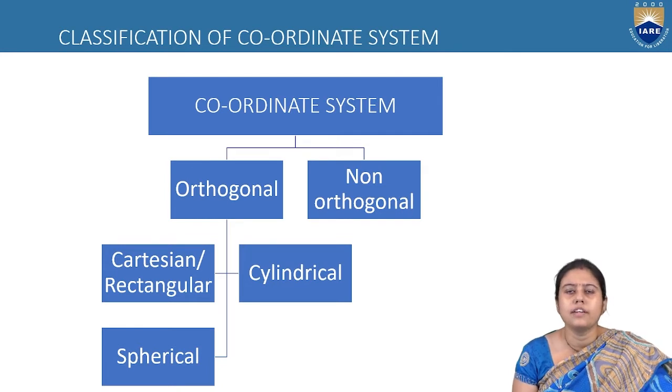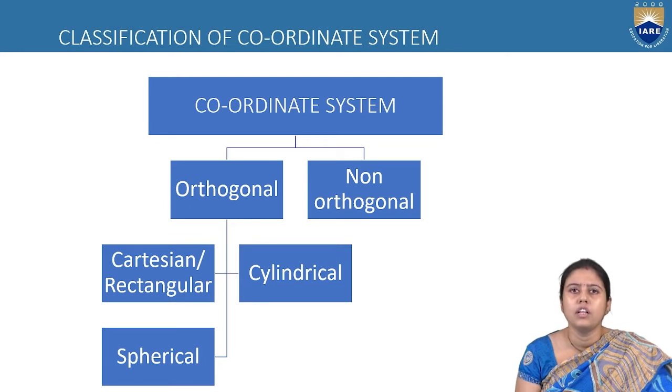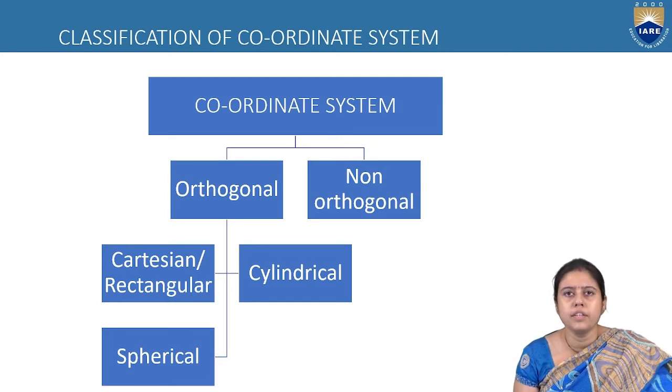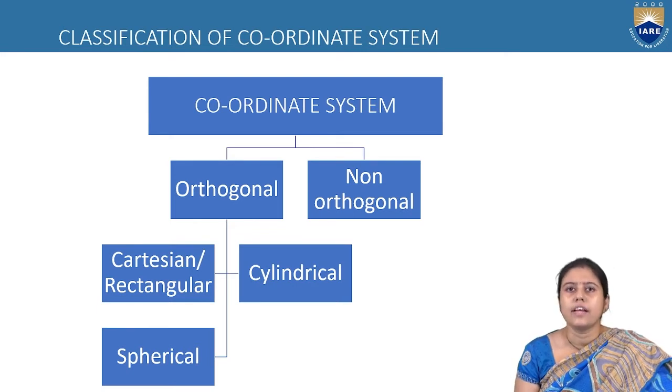What is the coordinate system? Basically, coordinate systems can be divided into two categories. One is known as orthogonal, another one is non-orthogonal. What is the meaning of orthogonal coordinate system? Orthogonal coordinate system means all the axes, that is the directions, are 90 degrees apart.